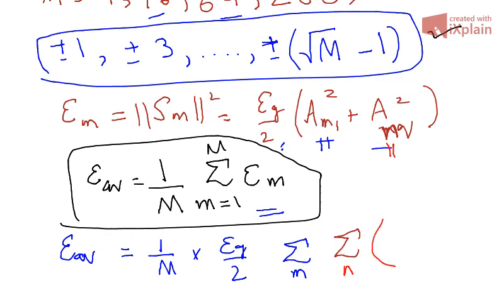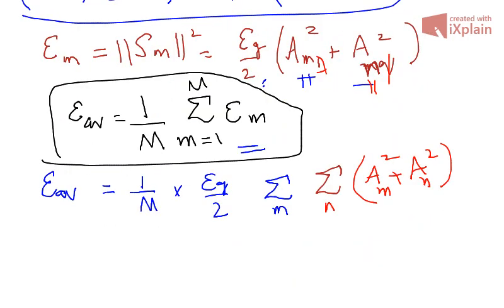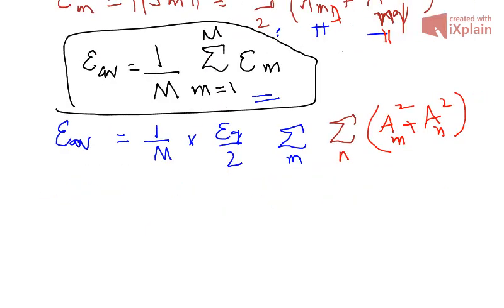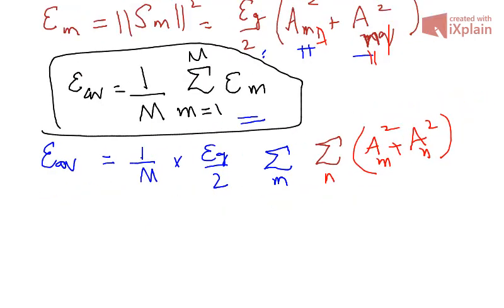Now I can drop this I and Q, just m and n are enough for differentiation. So A_m square plus A_n square, right? We can write our expression in this form, which gives us the expression for the average symbol energy.